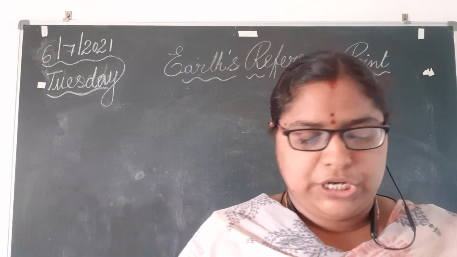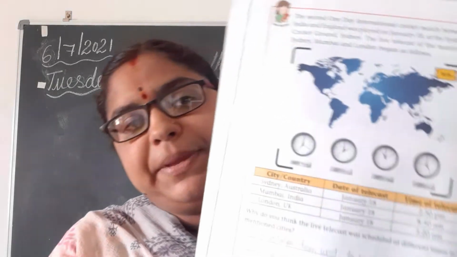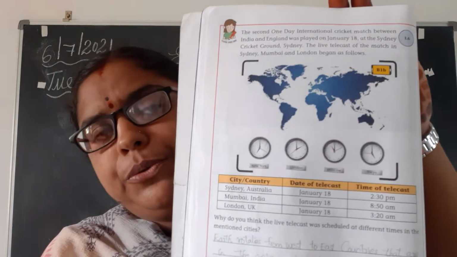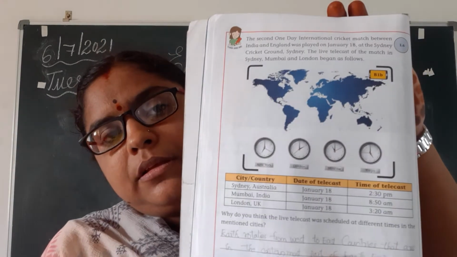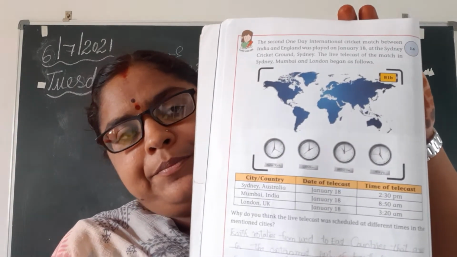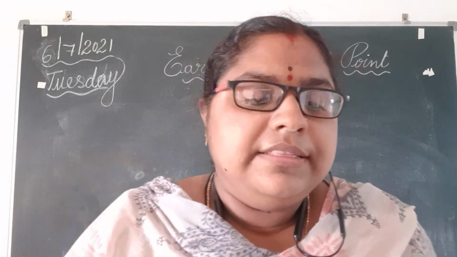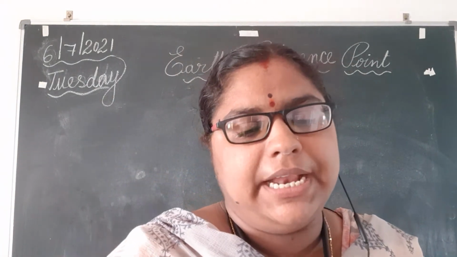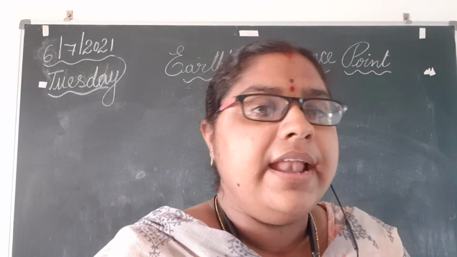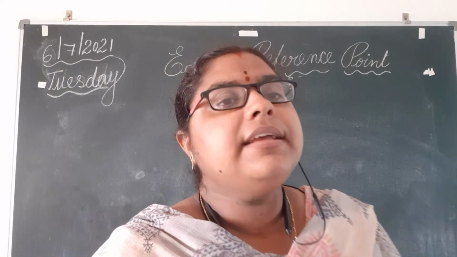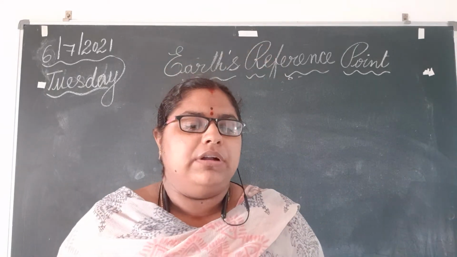Now see page number 8. Observe this table. This is a question for you. The second one-day international cricket match between India and England was played on January 18 at the Sydney Cricket Ground, Sydney.